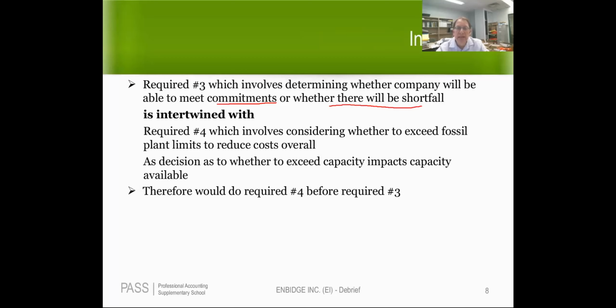So it might make sense to do number 4 before we do number 3. A decision whether to exceed capacity impacts the capacity available. So why don't we do number 4 first, whether to exceed the limits, and then we'll see the impact on the shortfall. I'm just saying there's a little bit of integration between the 3rd and the 4th required.